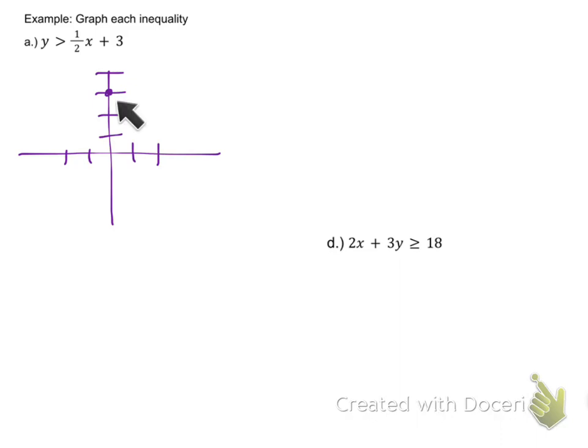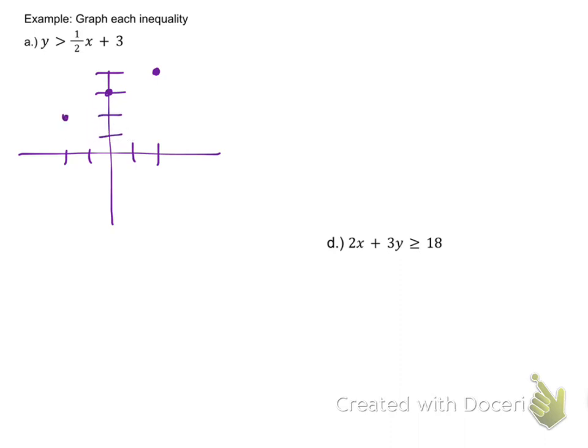So I am going to start at 3 and go up 1 over 2. So I end up being about here. We also know that I can move slope in the reverse direction, which means make them both negative. Negative 1 and negative 2, because negative makes a positive. So I can go down 1, back 2.